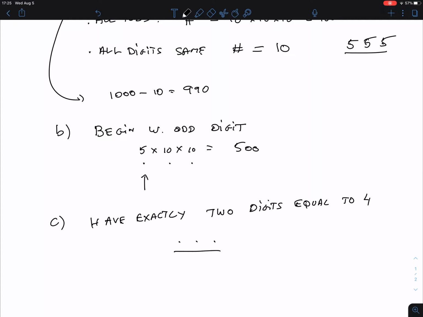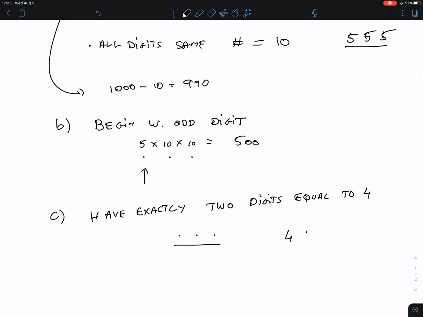What is a valid choice? For instance, 4, 4, 7 would be a good one, but also 4, 7, 4. What about 4, 4, 4? That's also a correct one, right? It contains at least 2 digits that are 4. Now we have to keep that one in mind.